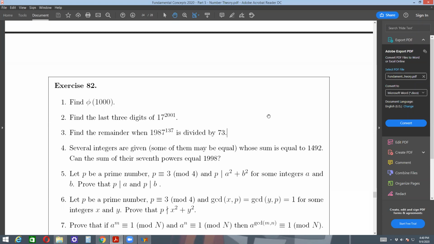So what's phi of 2 cubed, phi of 8? You could check it manually, or you could say phi of 2 cubed will be 2 cubed minus 2 squared using the theorem. So the answer will be 4.